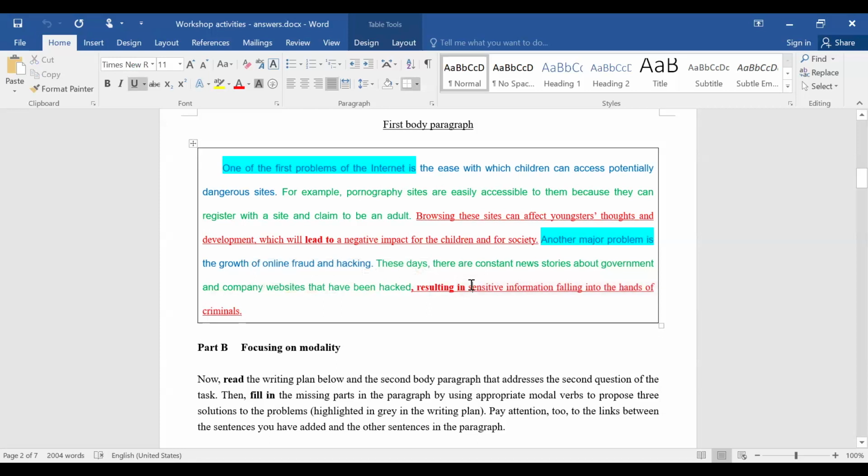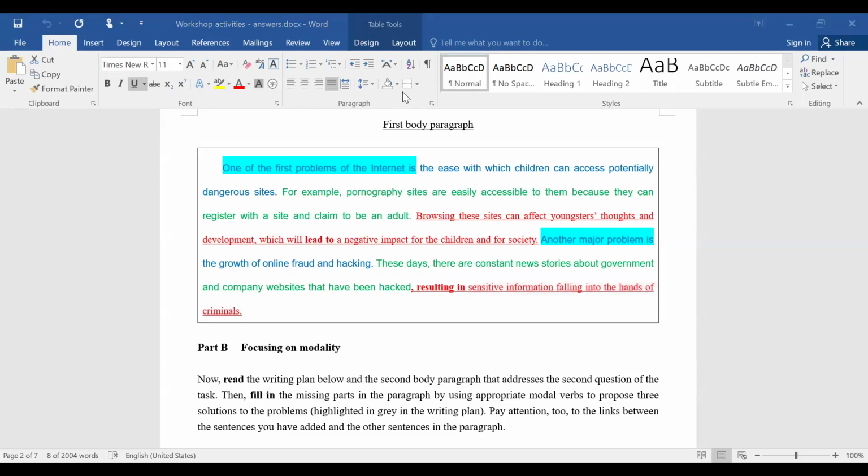I'm just using these two examples to show you how we can use "lead in", "lead to" and "result in". This is just a very small exercise stimulating your thinking about the use of the language of cause and effect in argumentative and expository writing.